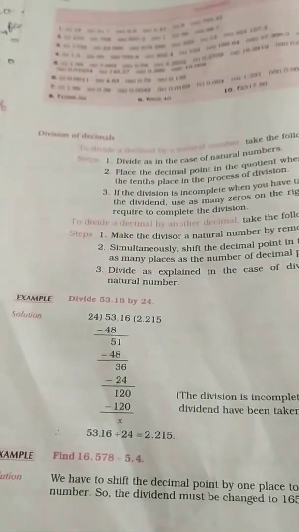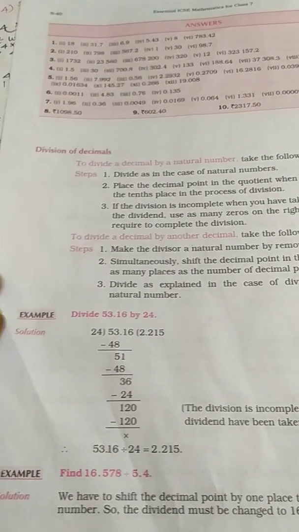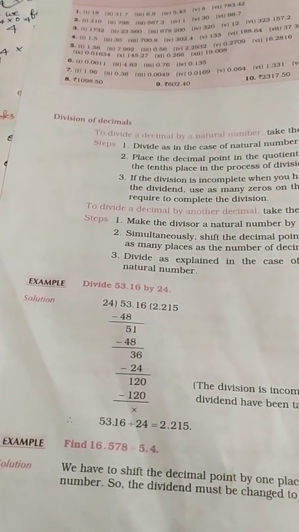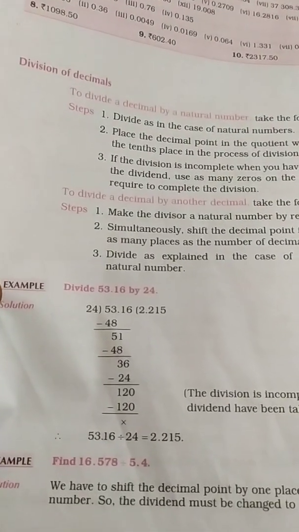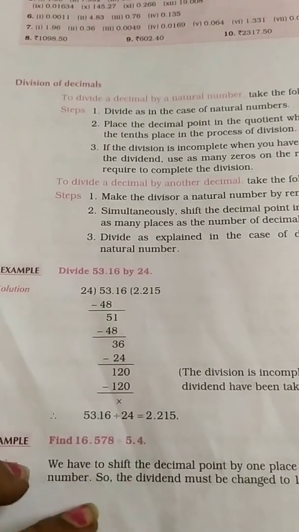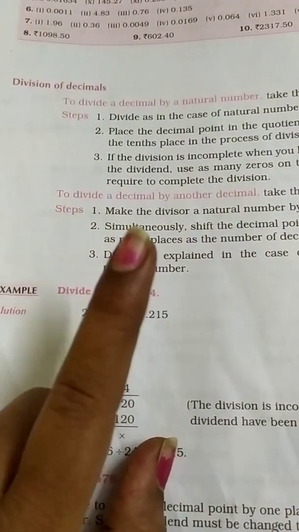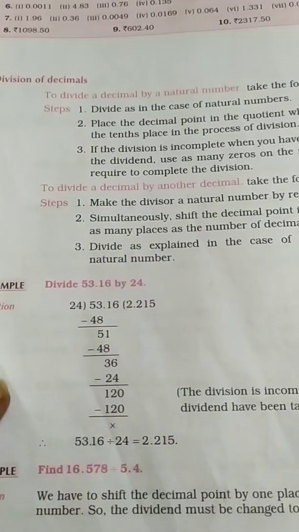Next exercise we are going to begin is decimals. We have learnt how to multiply decimal numbers. Now we are going to learn how to do a division with a decimal number. See, if you have a divisor without a decimal, you can divide it.